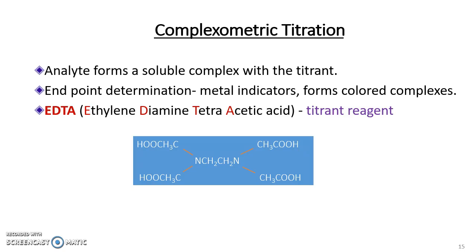Endpoint is determined by formation of colored complexes with metal indicators. Inorganic compounds of divalent, trivalent ions such as calcium, magnesium, aluminium, iron, etc. form soluble complexes with chelating agents such as EDTA.